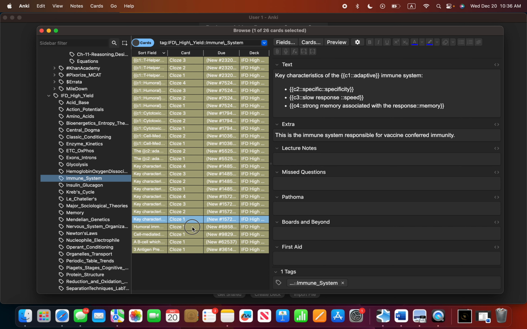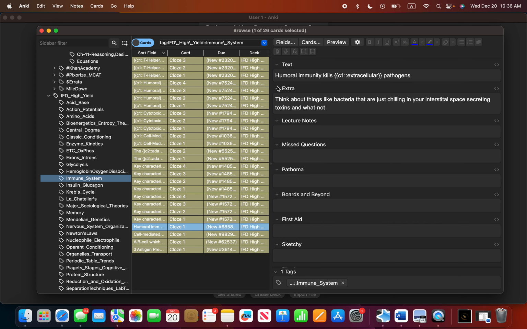Now we have the humoral immunity, which kills extracellular pathogens. Okay, think about things like bacteria that are just chilling in your interstitial space, secreting toxins and whatnot.